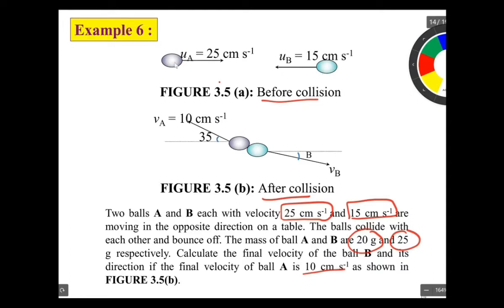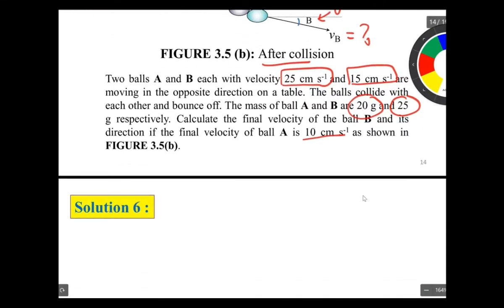So, bila bola A dan bola B bertembung, after collision, bola A akan bergerak ke kiri dan ada angle. Begitu juga bola B akan bergerak ke kanan dan dia ada angle. So, kita nak cari final velocity untuk VB berapa dan berapakah direction dia, theta dia yang terbentuk after collision.